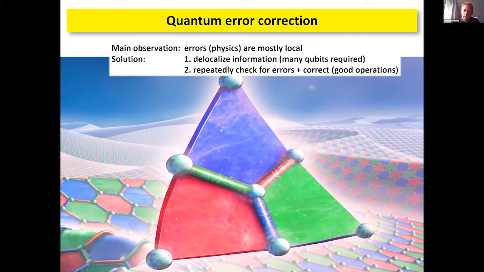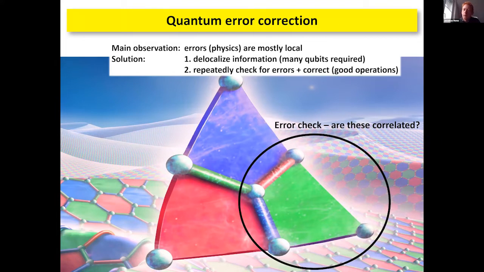The other trick to quantum error correction is that you would like to know if an error happened. If you have just a single bit and you want to know, did it flip, then you would usually go in and measure that bit. And you probably know from your quantum mechanics, if you measure quantum mechanical systems, you have a very strong impact on that system. So you definitely don't want to go in and measure information in quantum mechanical systems, but quantum error correction gets around that by measuring correlations.